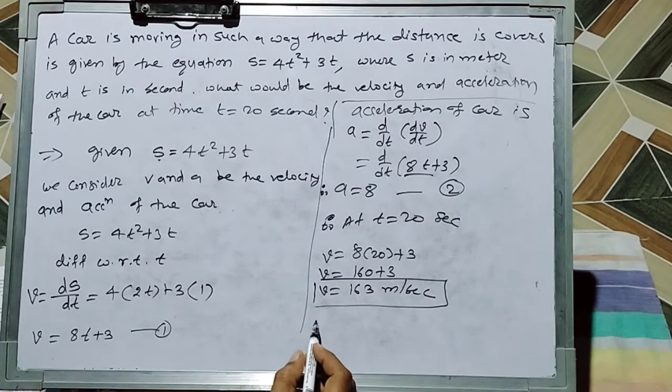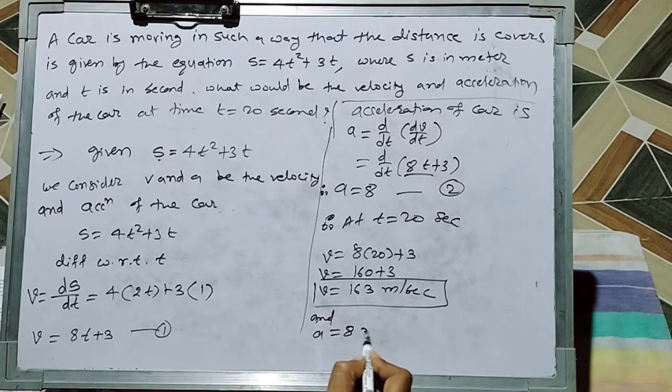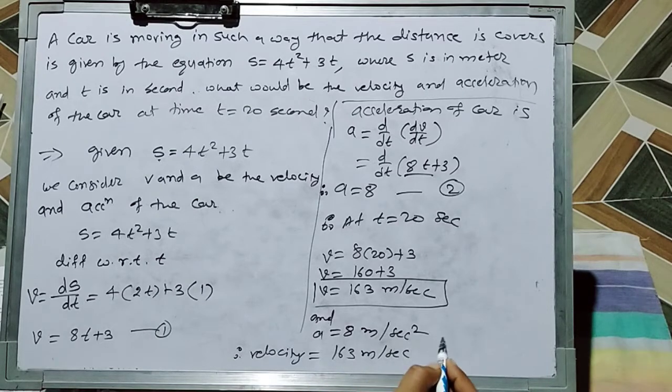Now secondly, acceleration equals 8 meter per second square. So therefore velocity equals 163 meter per second and acceleration equals 8 meter per second square.